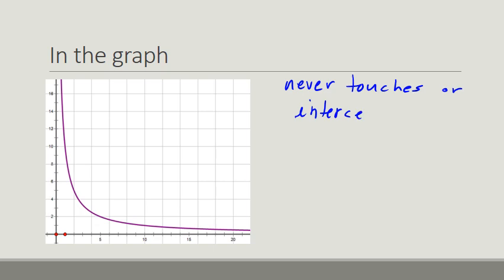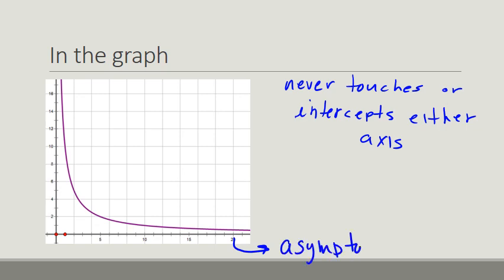What we call these axes are asymptotes. An asymptote is a line that a graph will never touch or intersect. It's going to get as close as possible, but it will never touch it.